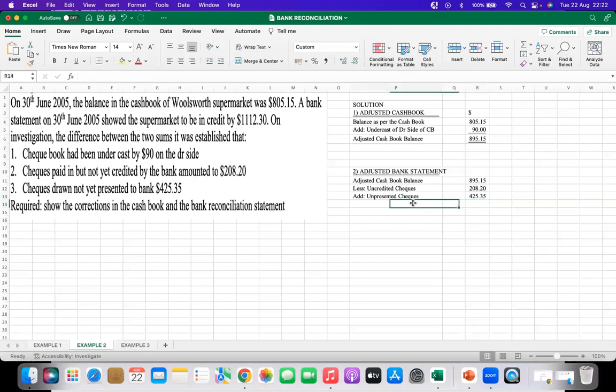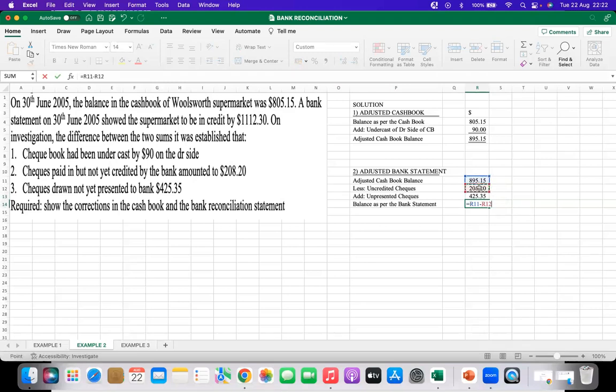So what you get is the balance as per the bank statement. So let's less 208 and then you add 425.